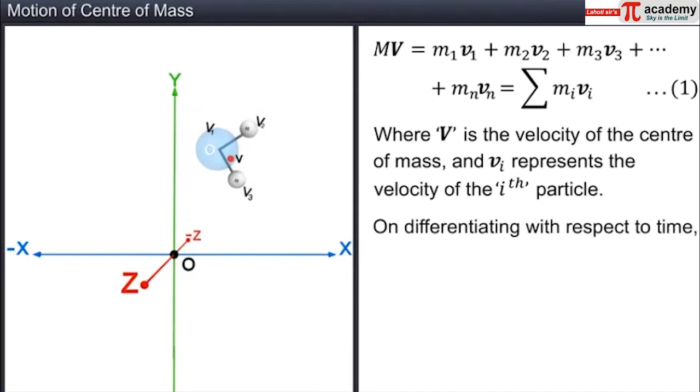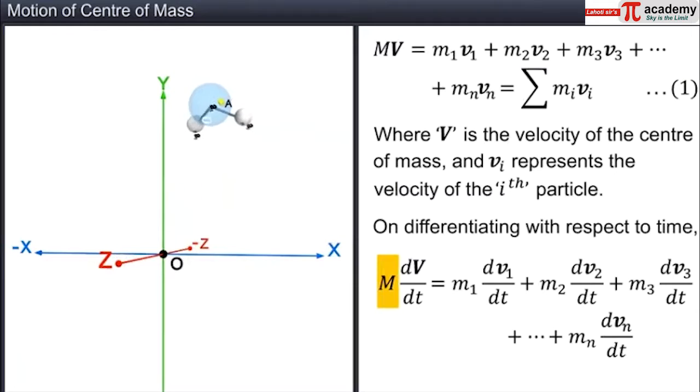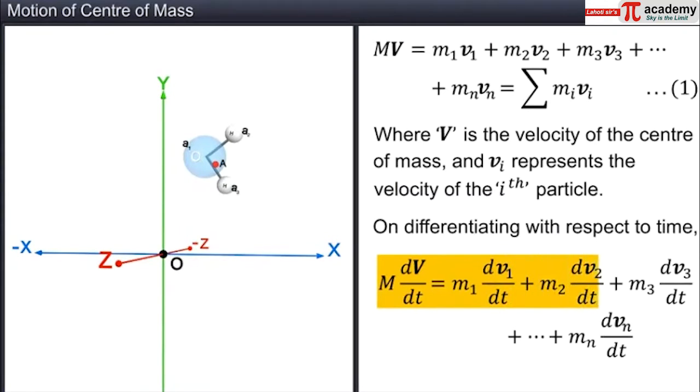On differentiating equation 1 with respect to time, M dV by dt is equal to m1 into dv1 by dt plus m2 into dv2 by dt plus m3 into dv3 by dt and so on, plus mn into dvn by dt.